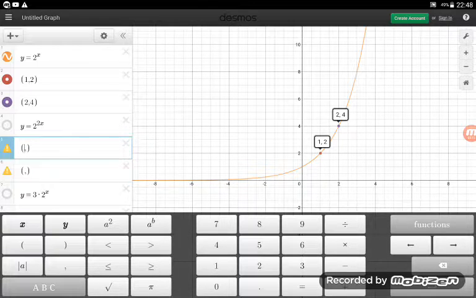If I add a 3 to the x, we would assume that it's going to move to the right, but it actually moves to the left. If I subtract 5 from the x, I would assume it moves to the left, but it actually goes to the right. So it's always the opposite when we mess around with the x. Here, we're multiplying the x by 2, so we have a horizontal stretch or horizontal compression.